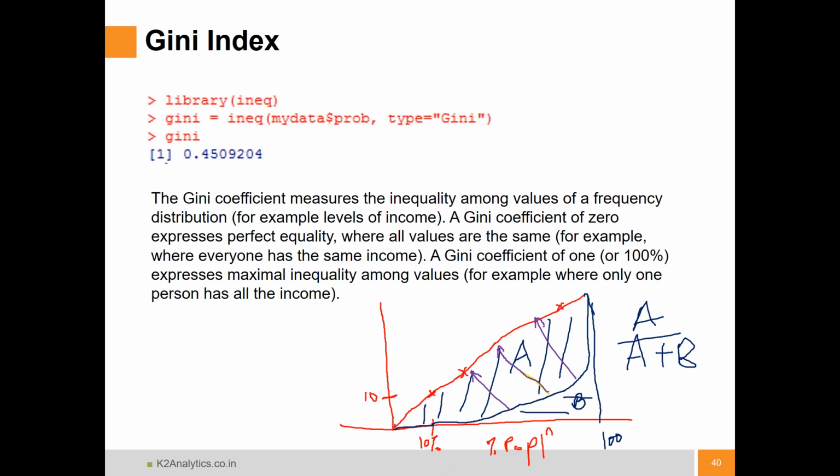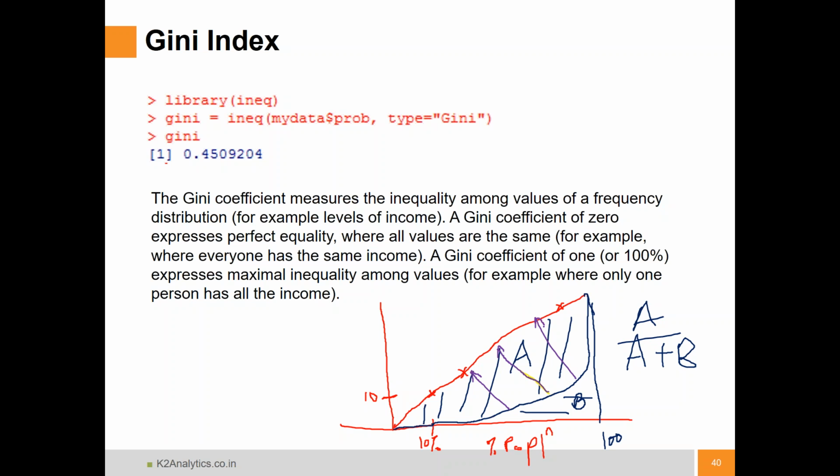The value would move towards 1, because B would move towards 0, and A would become A divided by A plus 0, which is 1. So the higher the value of Gini, the higher the inequality.